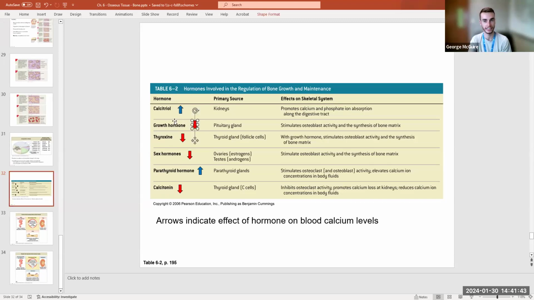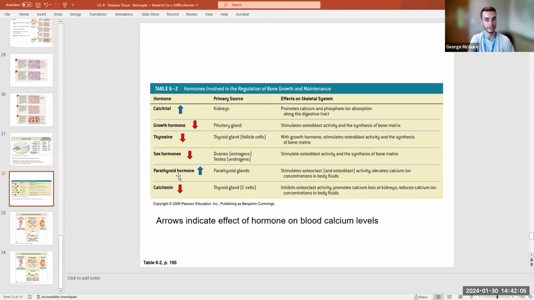So this does not directly correlate with what effect they would have on necessarily bone density, because some of these are related to absorption of calcium and phosphate from digestion, such as calcitriol, which is vitamin D. Right? This increases how much calcium and phosphate is in the blood, but doesn't necessarily affect our bone density, or isn't decreasing bone density to do it.